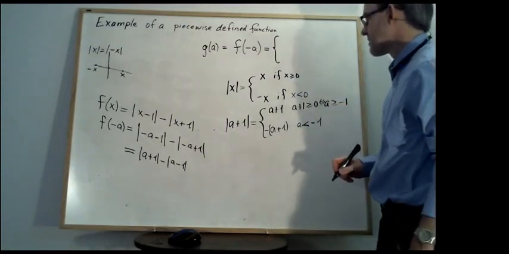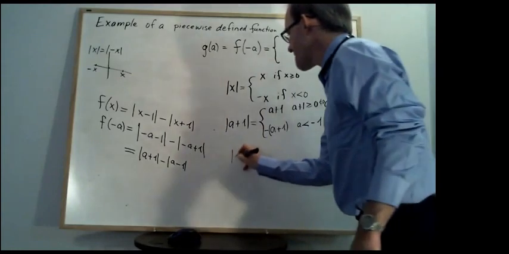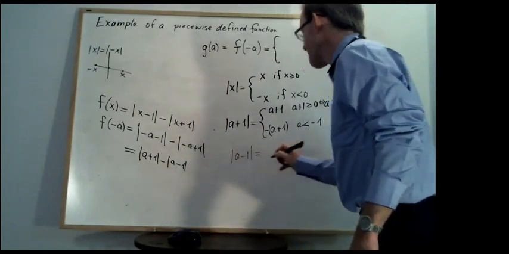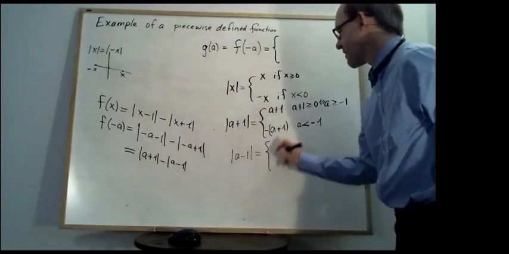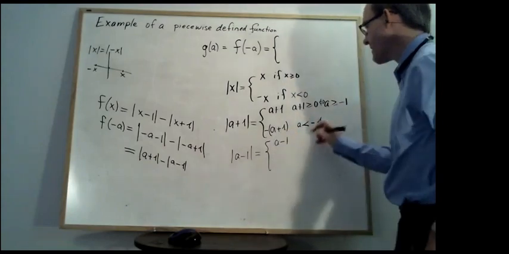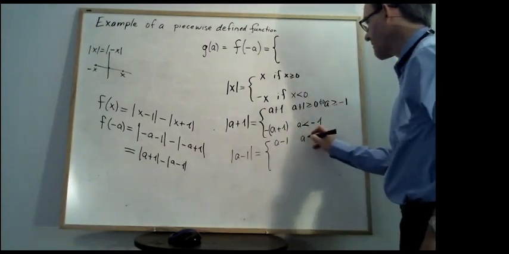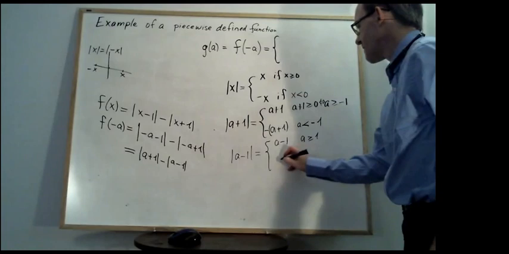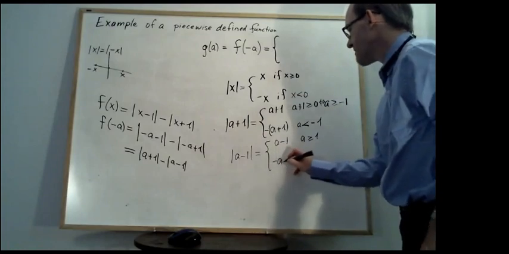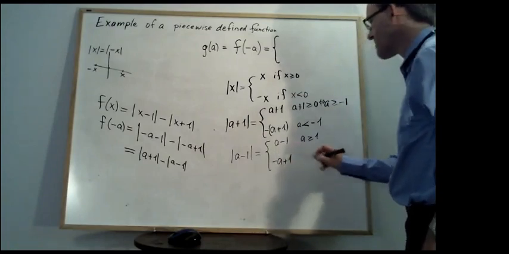All right? And finally, this one is a minus 1. So using the same idea, if a is greater than or equal to 1, it is a minus 1; just change both signs to get the negative, a plus 1, if a is less than 1.